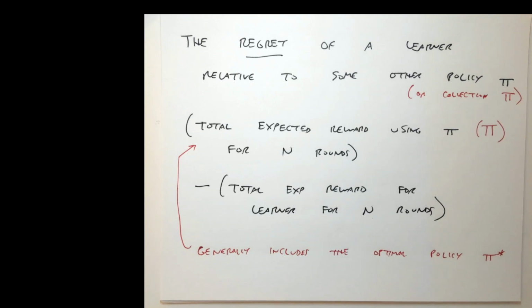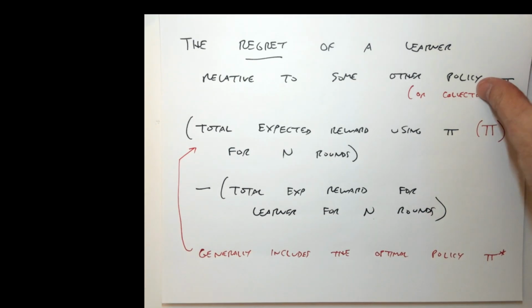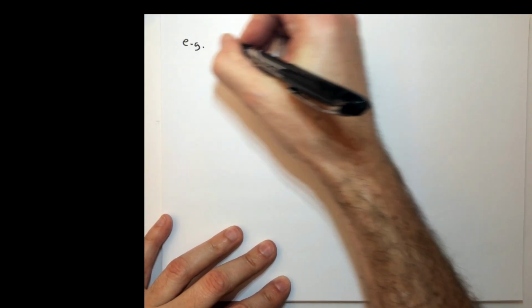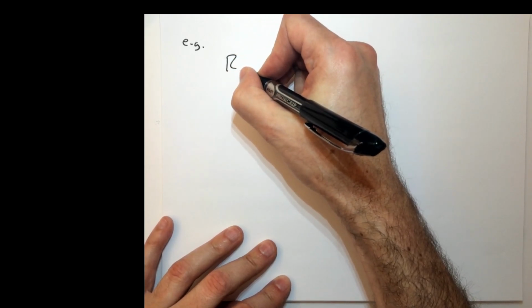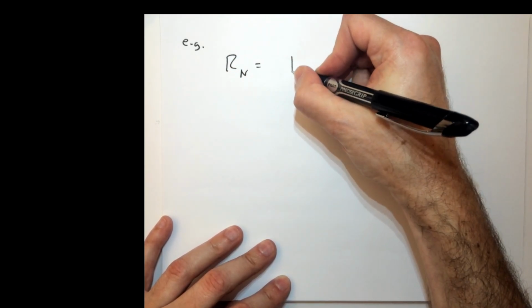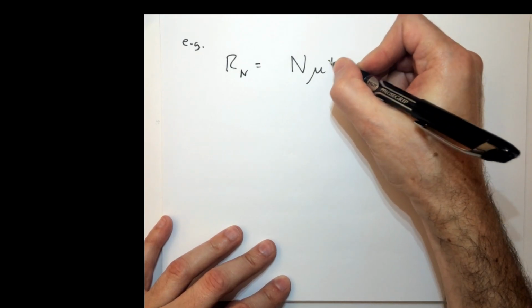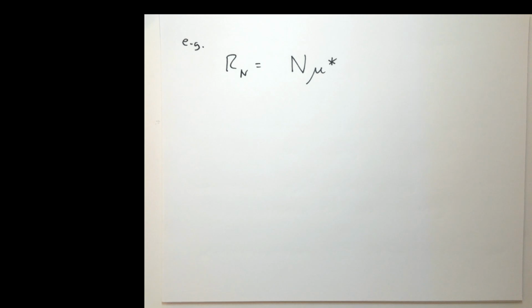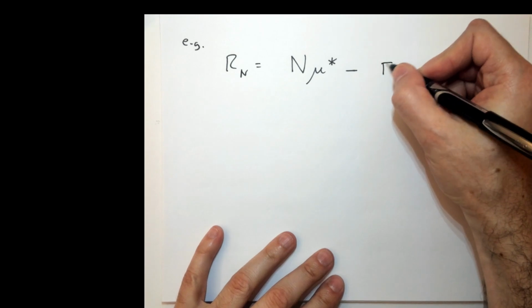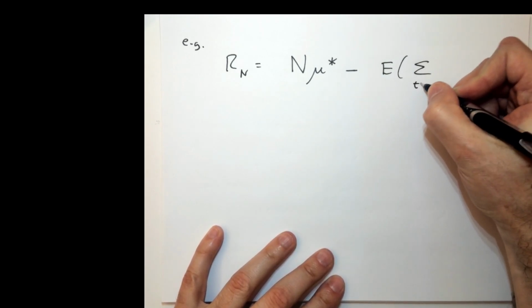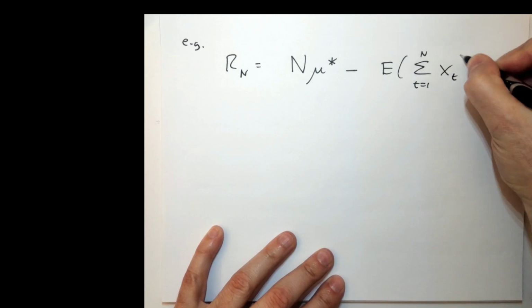And so, for example, if I knew that there was one arm that would always do the best job, then one way of thinking about this would be like saying the regret after n rounds would be the difference between n times the mean for the best arm, right? That's the best that I could do, minus the expected value of whatever I decided to do, right?